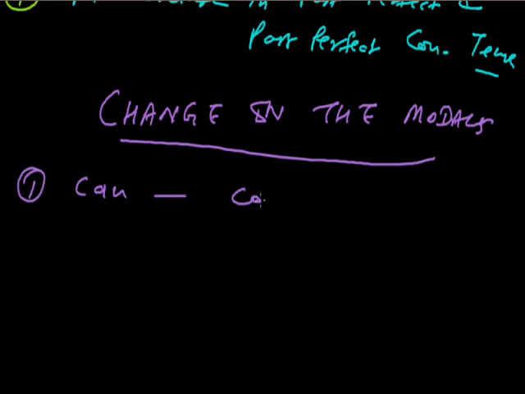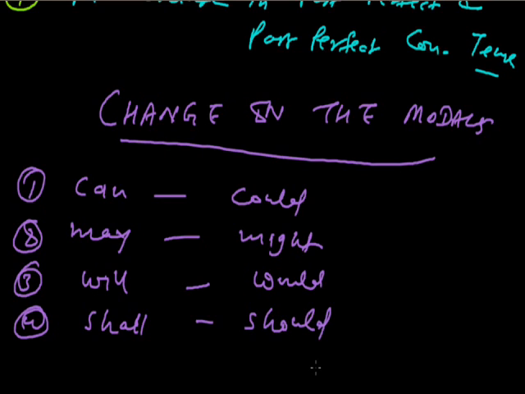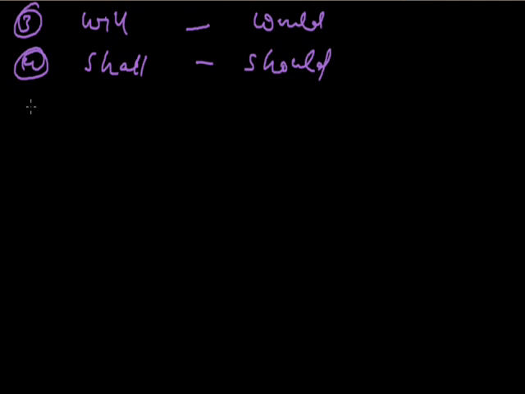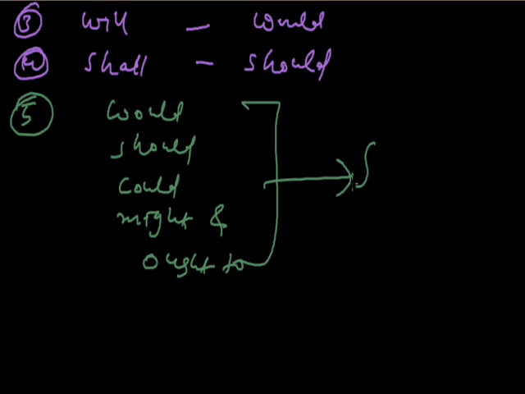For example, can would become could, may would become might, will would become would, shall would become should. And would, should, could, might, and ought to remain the same.